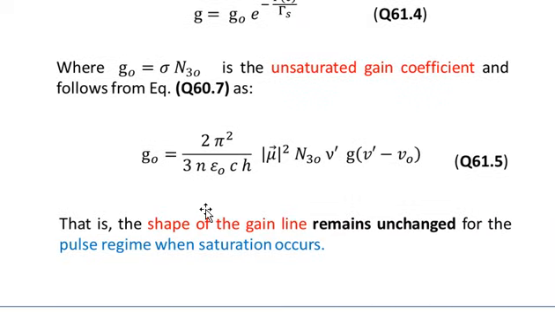Because from equation 60.7 the unsaturated gain coefficient was defined as given in 61.5. So G naught is equal to 2 pi square over 3 n epsilon naught ch multiplied by the absolute square of mu multiplied by n30 multiplied by nu prime and multiplied by g of nu prime minus nu naught. That is the shape of the gain line function.